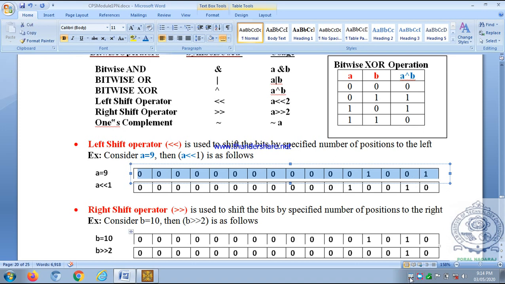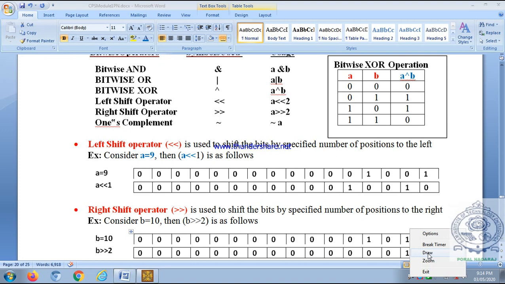Left shift means you have to shift the positions towards the left. Shifting by one bit, this 1 comes here, this 0 comes here, and like that all are shifted.